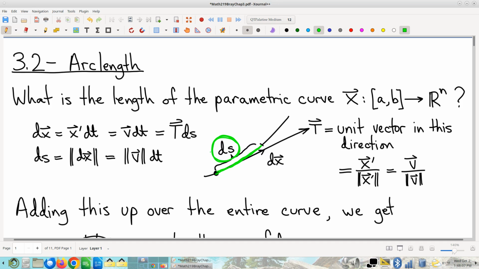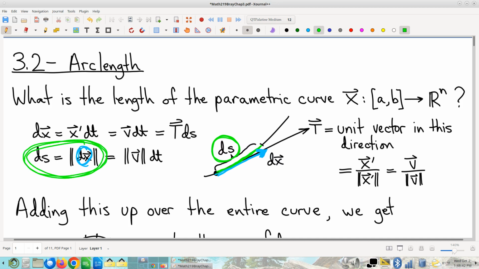I'm doing a linear approximation. But based on what's going on at this point, given a certain velocity and a certain time dt, how much distance would I expect that I've traveled? A pretty reasonable pitch is, we've already linearly estimated the displacement, so shouldn't the distance just be the magnitude of that displacement?